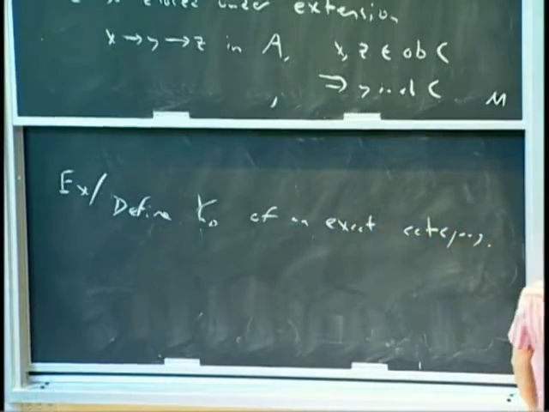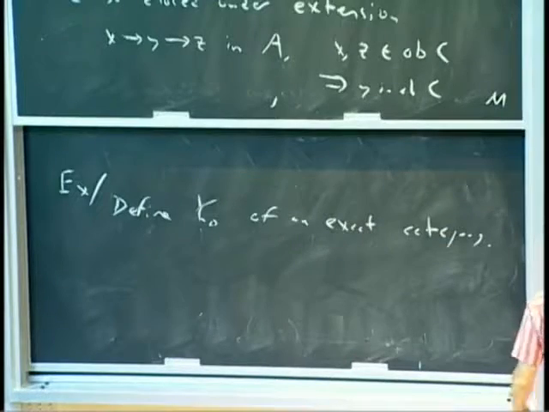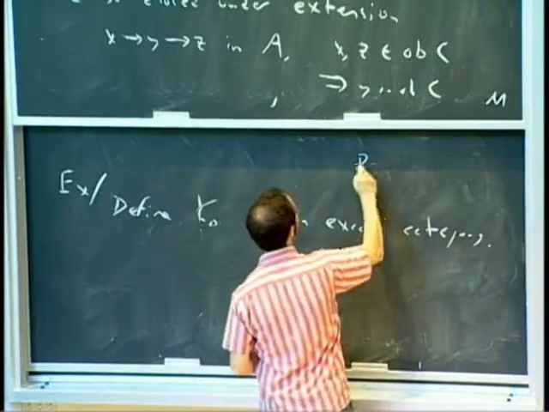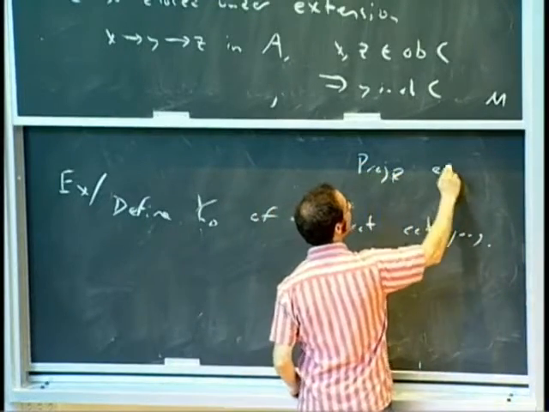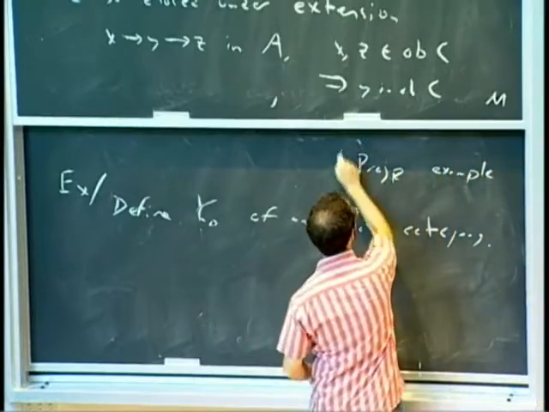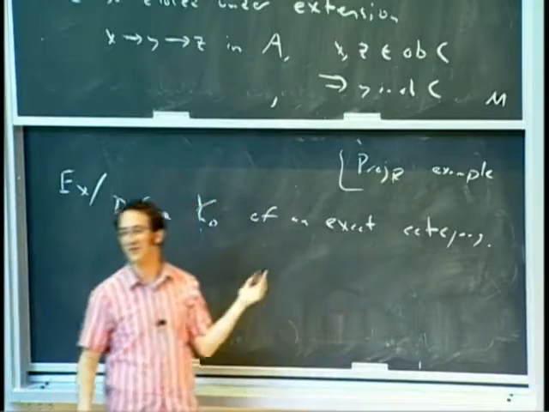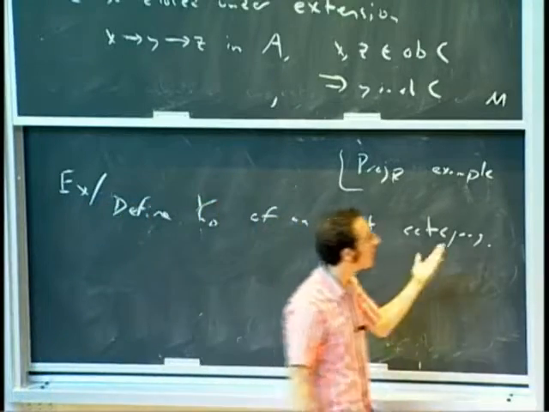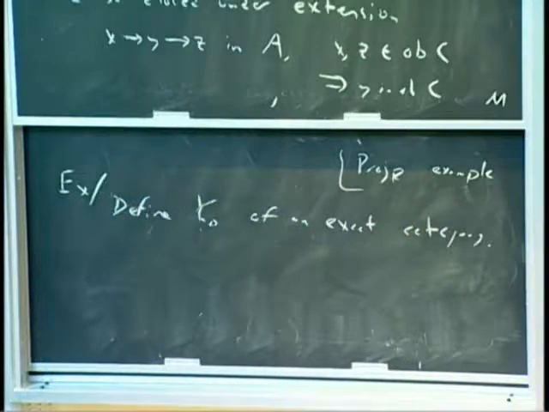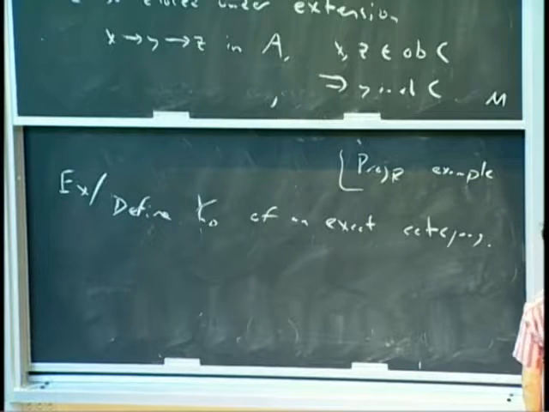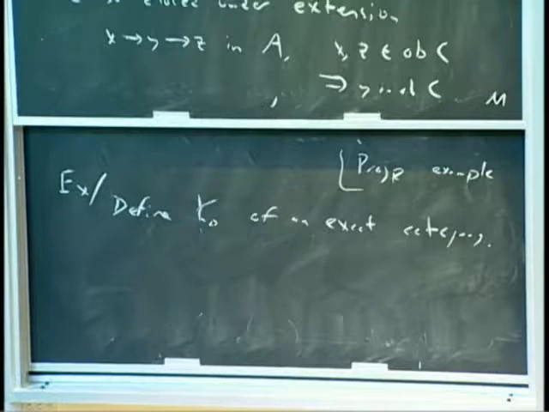So I want to say the following thing, which is that proj_R is an example, right? All of proj_R is always our example, at least for now. But we're now going to shift to something different, which is that exact categories are too small to do homotopy theory.